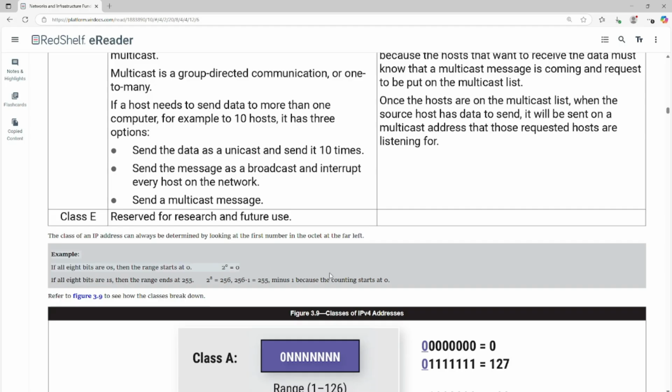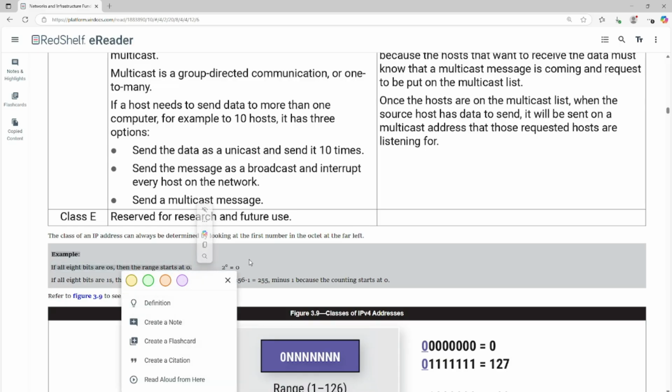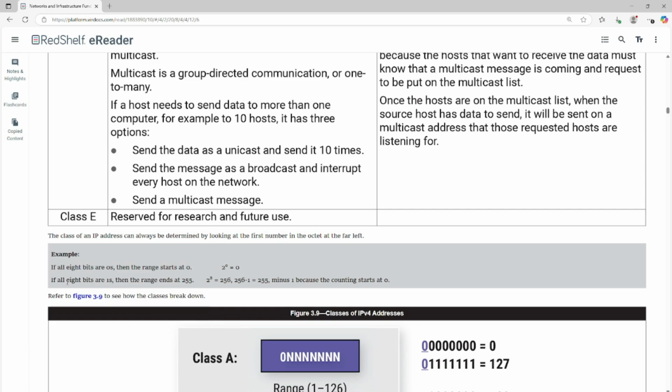In this example, you could see how if all 8 bits are zeros, then the range starts at 0. If all 8 bits are ones, then the range ends at 255. Minus 1 because the counting starts at 0.